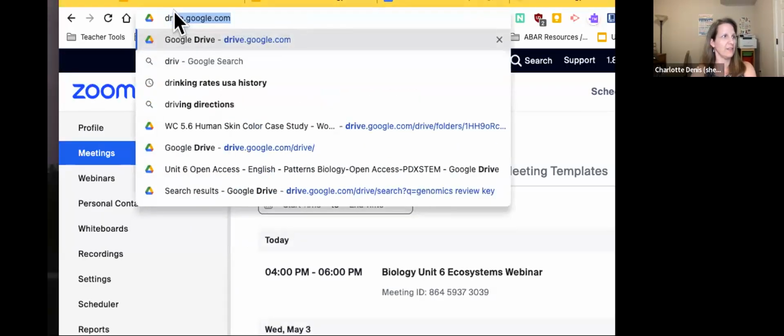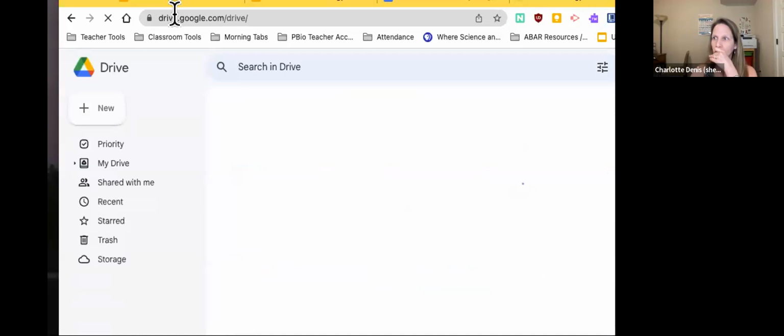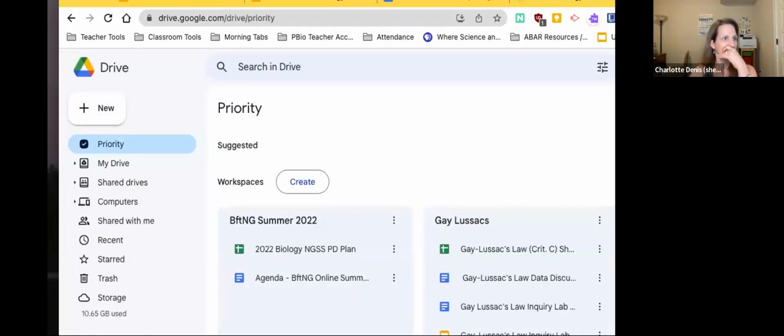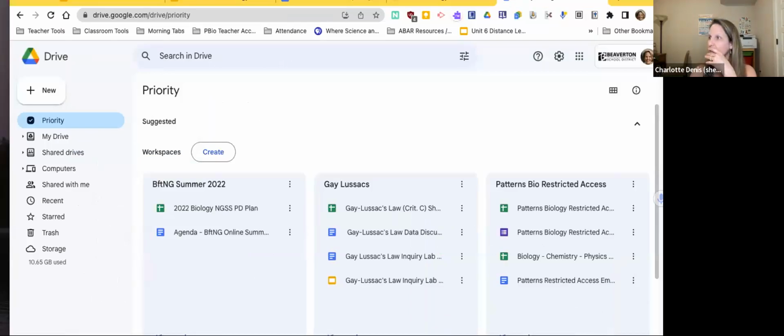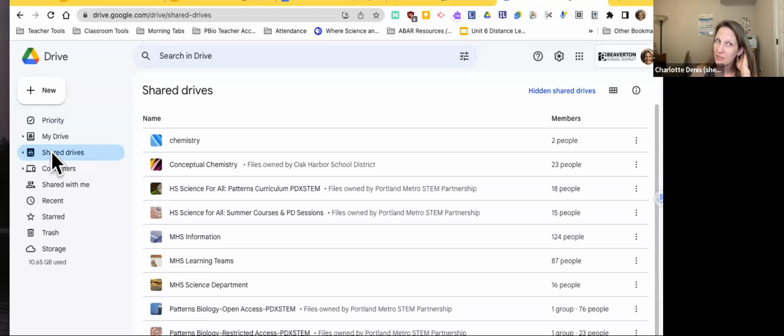You go to drive.google.com. I'm going to expand my view here so you can see a little bit better. Over on the left-hand side, I'm going to click on shared drives. And if you're the person who sent this message and you can't see that, then we may need to talk separately.